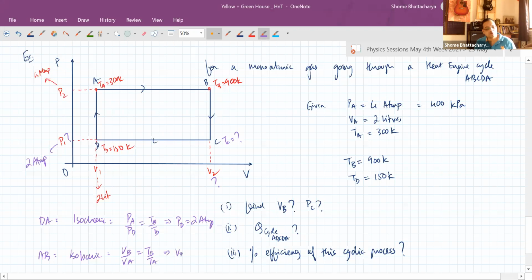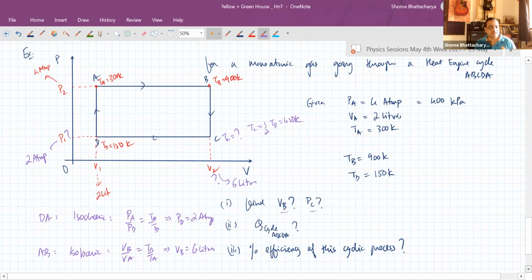This will tell me that volume at B should be 3 times this because the temperature is 3 times. So this should be 6 liters. And then you can see the pressure is becoming half here, so this temperature TC should be half of TB. So this should be 450 Kelvin. Anyway, only these two things were asked, which we already found out.